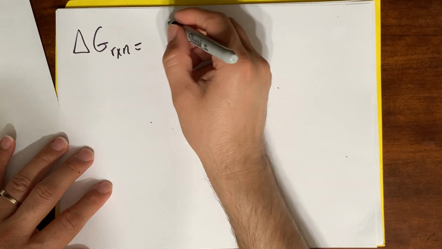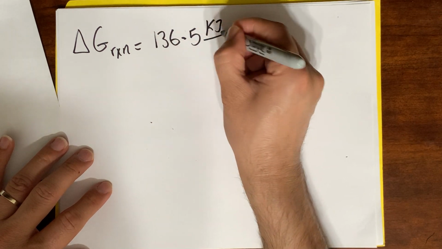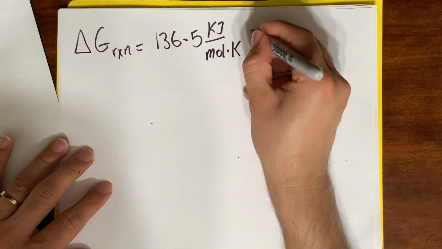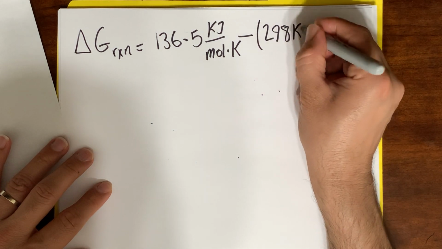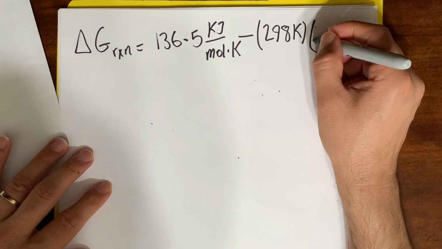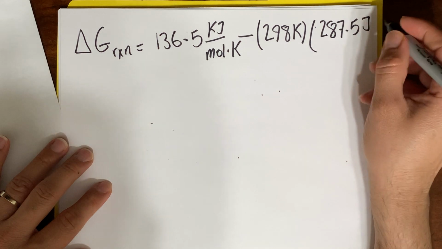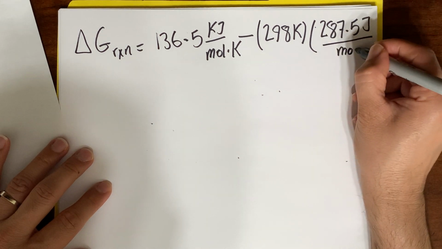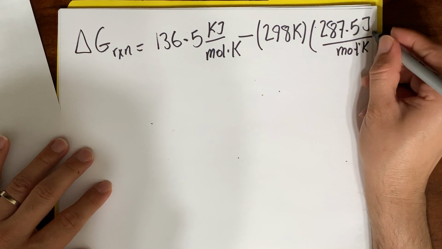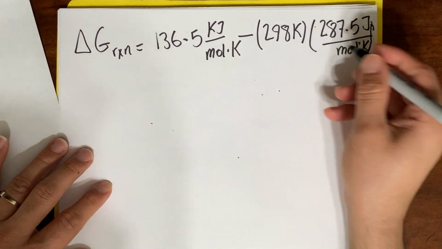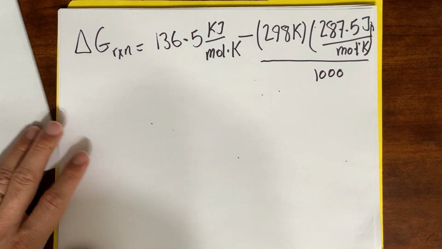It's going to be delta H, 136.5 kilojoule over mole, minus T delta S. T is 298 Kelvin, multiplied by delta S, 287.5 joule over mole Kelvin. Hold this one, we need to divide it by 1,000 to make it easier.